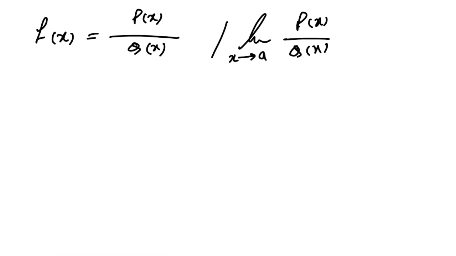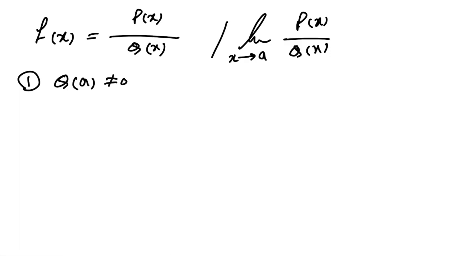So we're going to talk about different situations for this limit. The first situation is when you plug in a into q(x), so like q(a), is non-zero. So what happens?